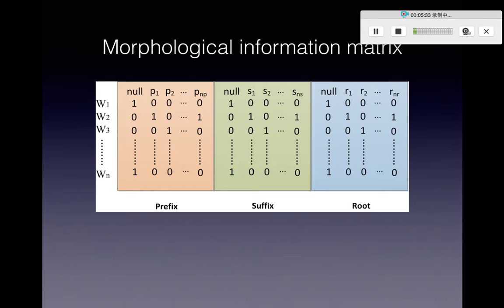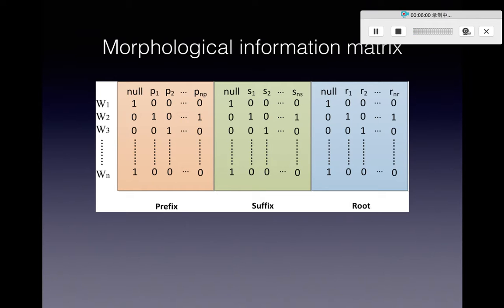Then we introduce the morphologic information matrices. In this paper, the morpheme is divided into three parts: prefix, suffix, and root. Thus, the morphological information matrix is also divided into three parts: the prefix matrix, suffix matrix, and root matrix.